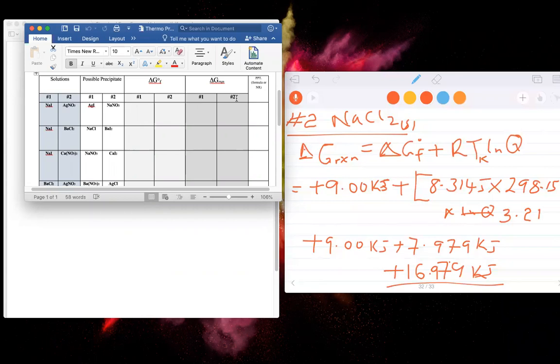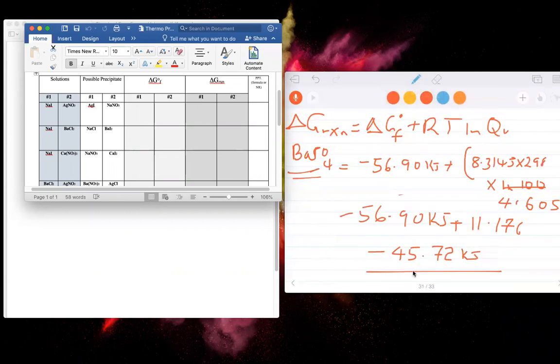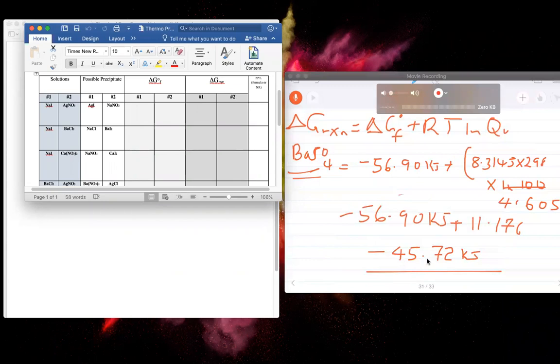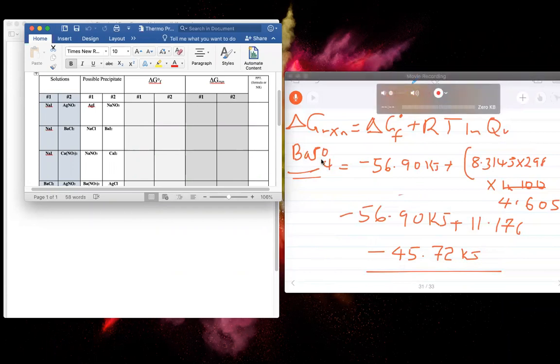After this calculation, I know the free energy at non-standard state for my possible precipitate number 2. It is positive. For precipitate number 1, it is a negative 45. So when I mix the two, my precipitate formula will be barium sulfate.